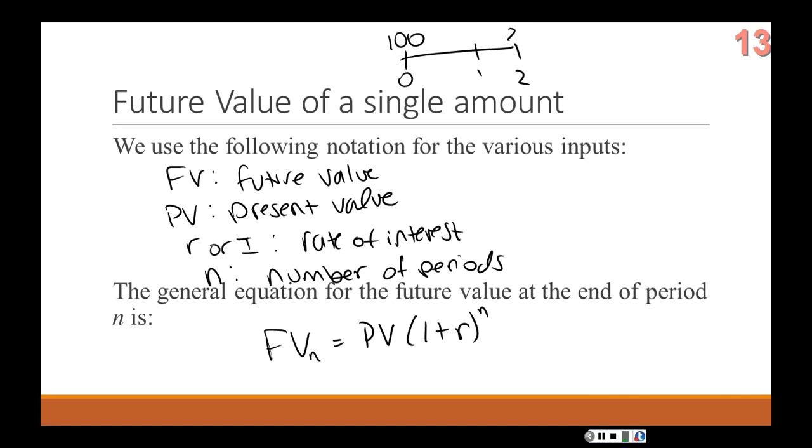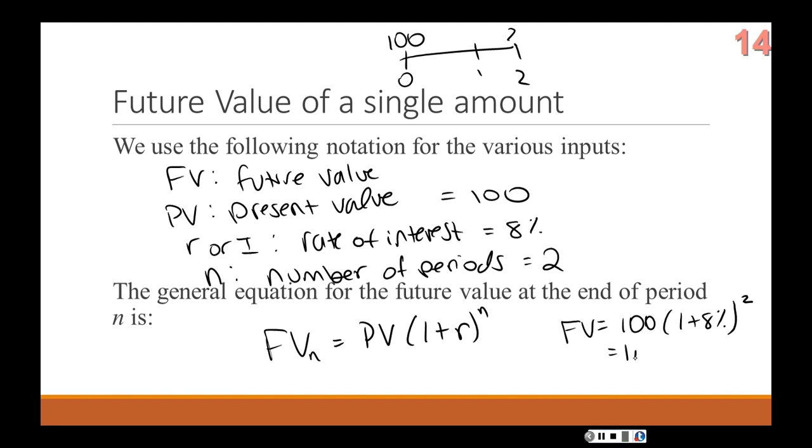So we're wanting to know the future value. The present value here is 100. The interest rate, he is earning 8%. And N is the number of periods, and so that's equal to 2. So we can put this into a formula. The future value is equal to the present value of 100 times 1 plus the 8% squared. And that gives you $116.64.